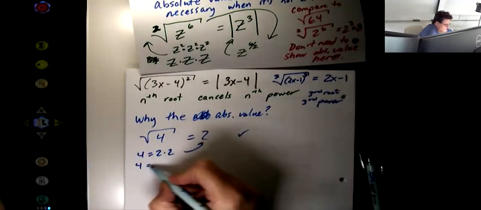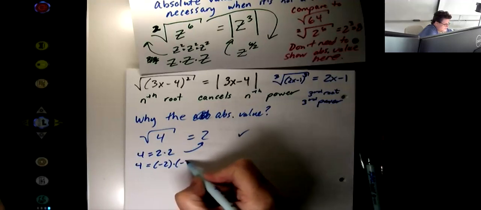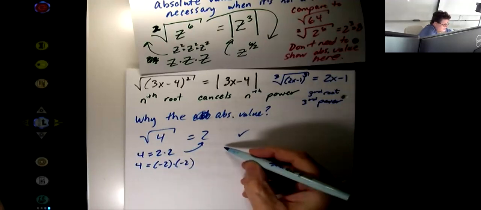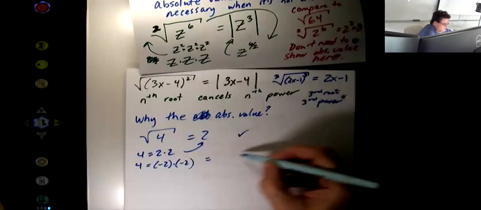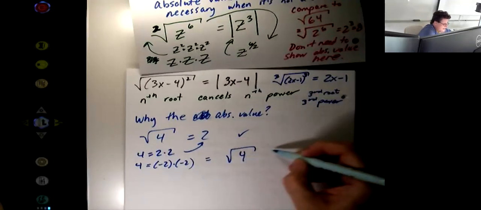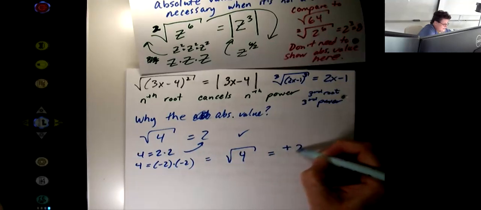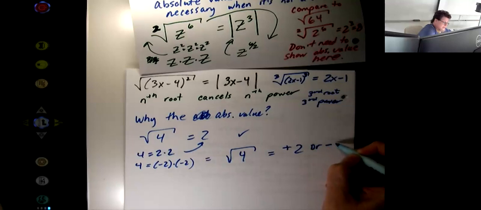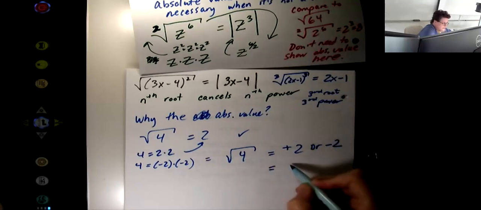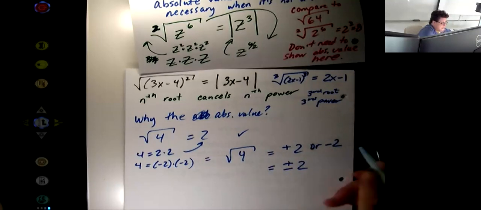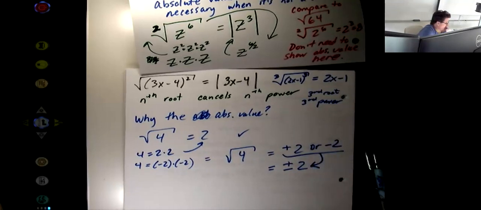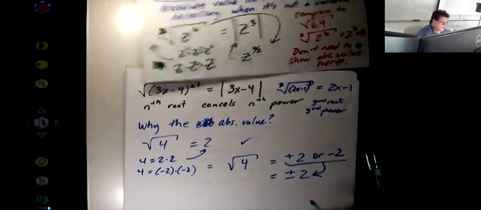But 4 also equals -2 times -2. So the square root of 4 is technically plus or minus, which we usually write as plus or minus 2. We put the plus and the minus over each other, and that means the or.